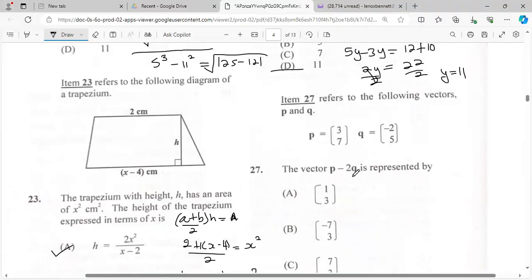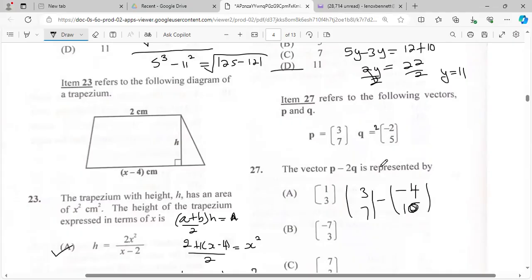let's go. So p is going to be 3, 7, and then we minus 2q. So we're going to expand the bracket by 2. 2 times negative 2, that's negative 4. 2 times 5, 10. So 2, 5, we multiply everything by 2.